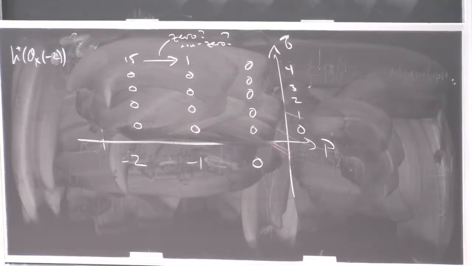And well, let's see. If it's 0, then the E2 page will look like this.